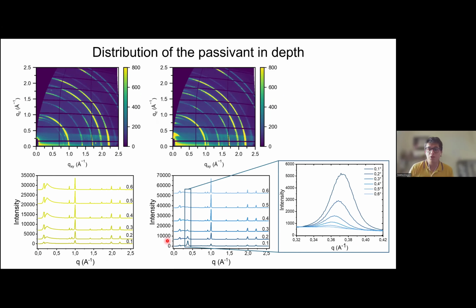Performing a magnification, we can observe that there is a shift of the peak increasing the incident angle, and this can be ascribed to the different phases that are present in depth along the 3D perovskite. So basically we are passing from the bromide-rich phase to the iodide-rich phase.